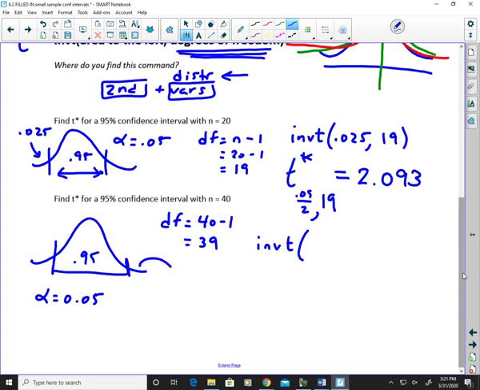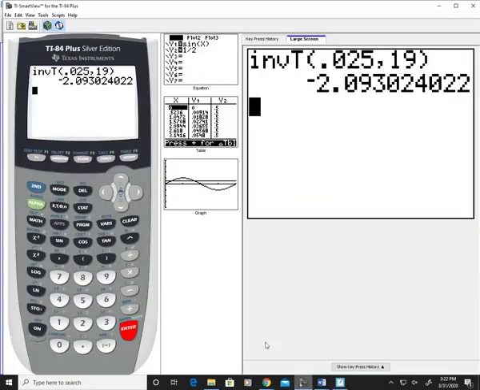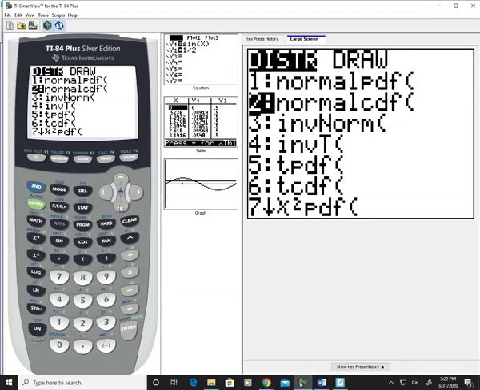And really this area out here is 0.025. So I have to put 0.025 in and 39. And let's go to the calculator and find out what a critical t for half of a 5% with 39 degrees of freedom will be on our calculator. Whoops.